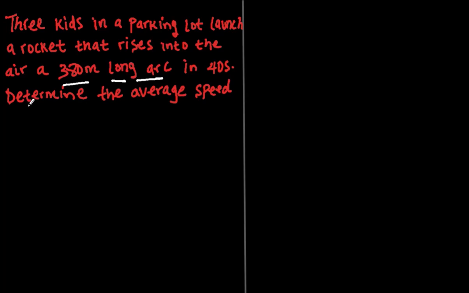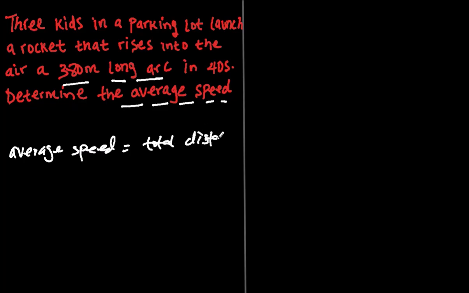But what we are looking for is a linear motion parameter, the average speed. Now, remember we said, what is the formula for average speed? Average speed is total distance over total time taken. All right, that is the formula for average speed.